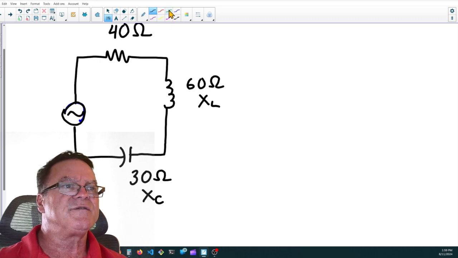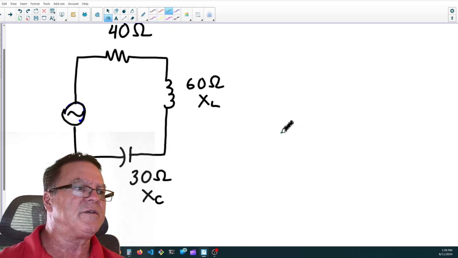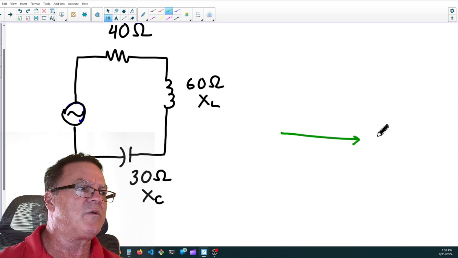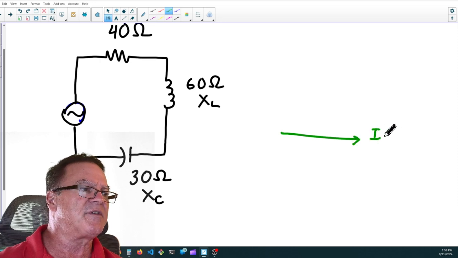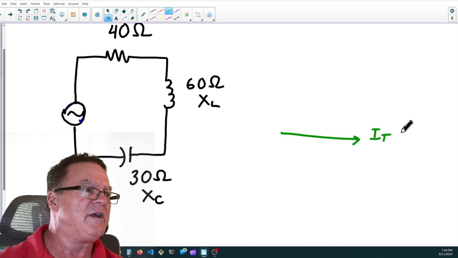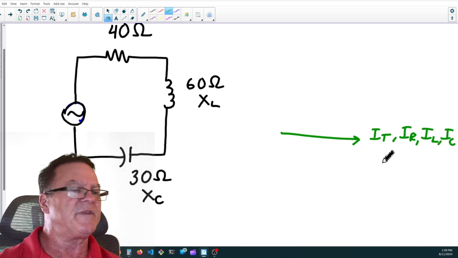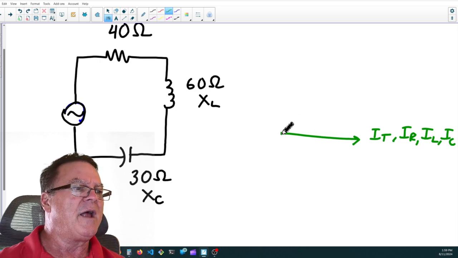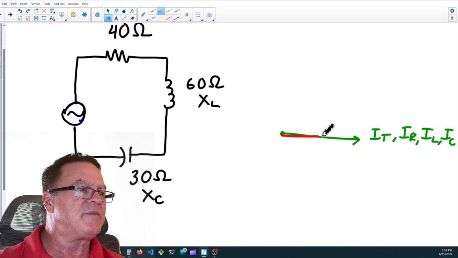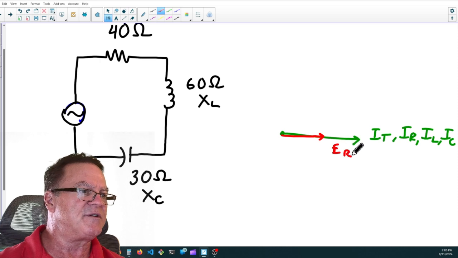So let's draw this vectorially. Our current is going to be all the same everywhere in the circuit. So this is going to represent the total current, the current through the resistor, the current through the inductor, and the current through the capacitor. Now the voltage drops. This vector is going to be the voltage drop across the resistor.